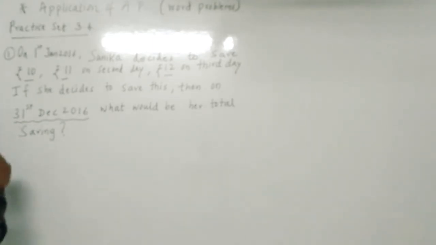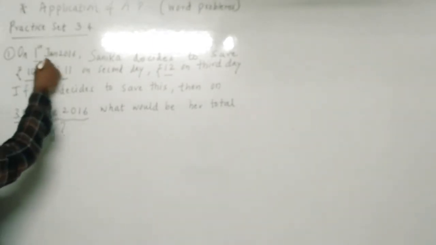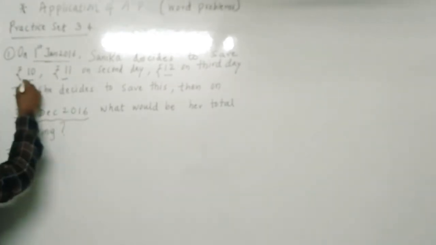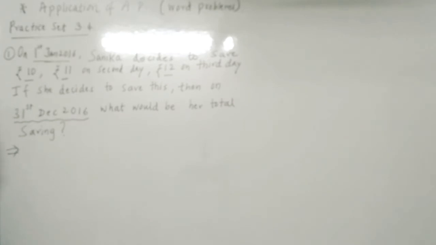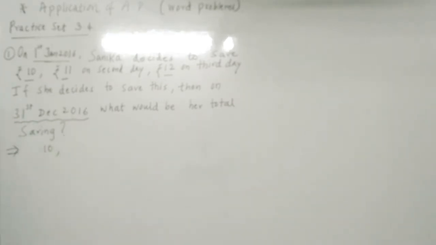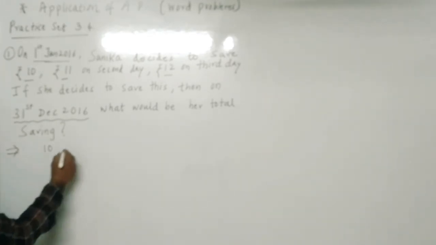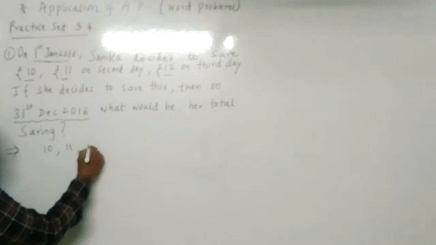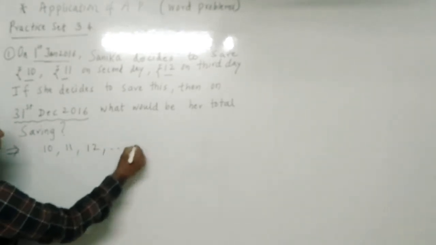Now, Sanika started collecting money on the first day, that is on 1st Jan 2016, she saved ₹10. So first day ₹10, second day ₹11, third day ₹12, and so on.